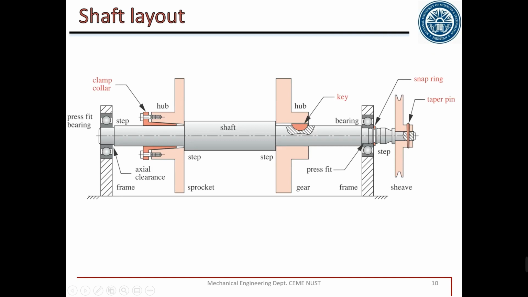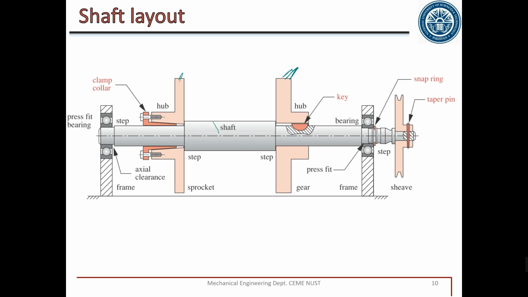This is a basic assembly of a shaft. For example, we have a sprocket and a gear. The power has to be transmitted, let's say, from this gear to this sprocket, so we have to make an assembly of a shaft.